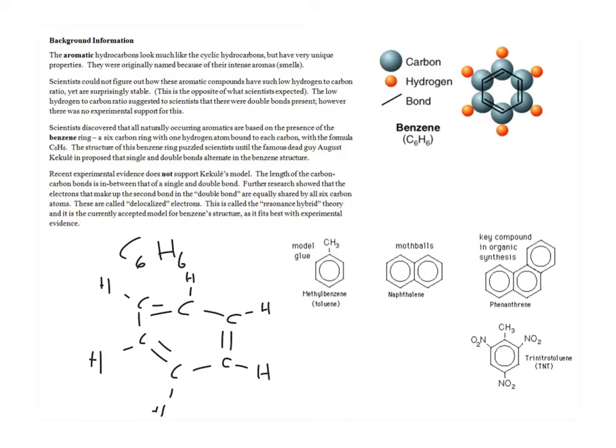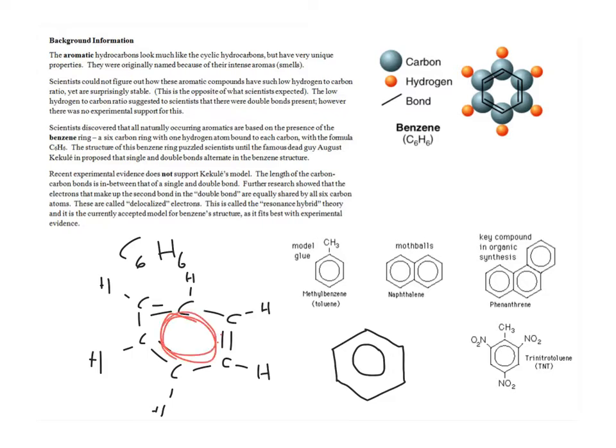Now, crystallography showed this later on. However, we know that it doesn't react like it's unsaturated. There are double bonds here, but in reality, it doesn't react like it has double bonds. And that's why we often draw it this way, a hexagon with a circle inside, because these electrons in those double bonds are actually what are called delocalized electrons.